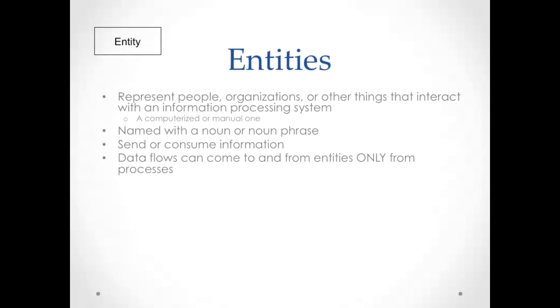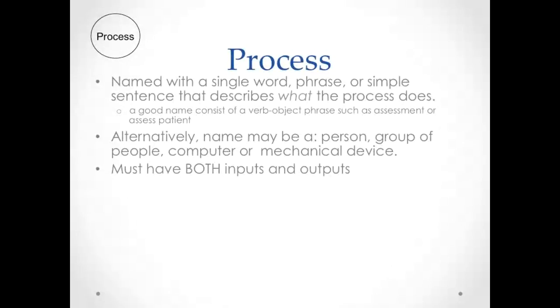By virtue of drawing the diagrams, it helps you get more explicit and understand better what you're trying to represent. The process circles are usually a single word if you can do it. Sometimes you can't. Processes also have inputs and outputs, because that's the definition of a process. It has an input and an output.